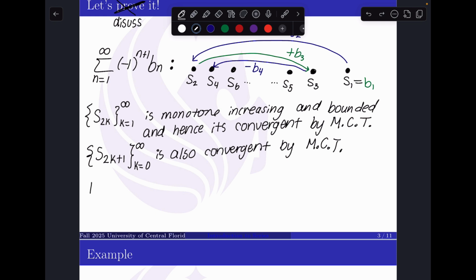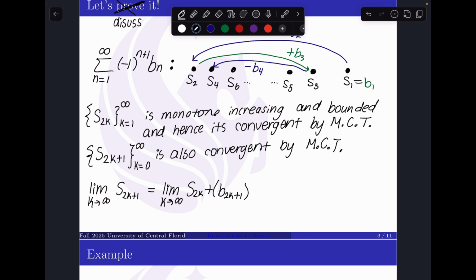If I look at limit as k goes to infinity of S sub 2k plus 1, which we know exists since S sub 2k plus 1 is convergent, we can rewrite this as limit as k goes to infinity of S sub 2k plus B sub 2k plus 1, right?